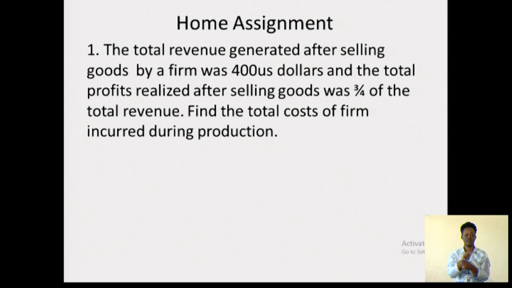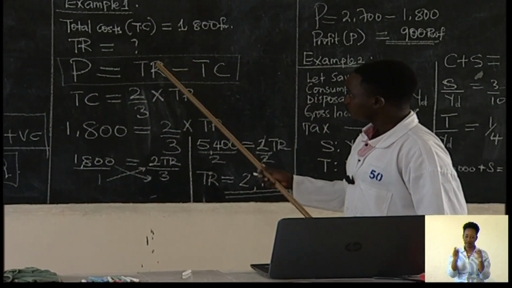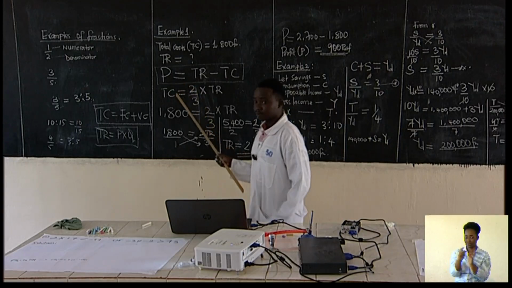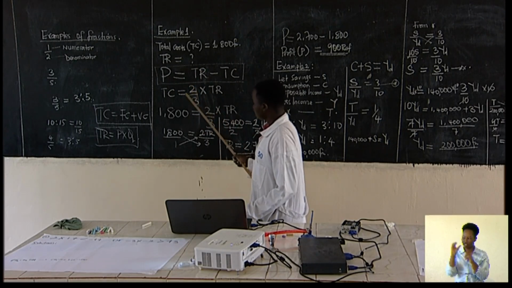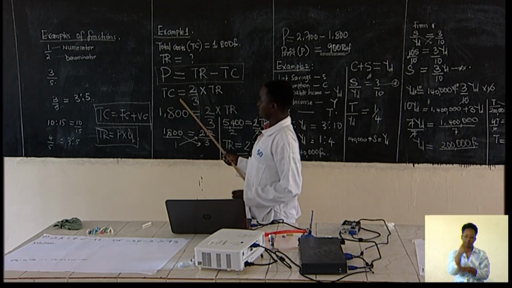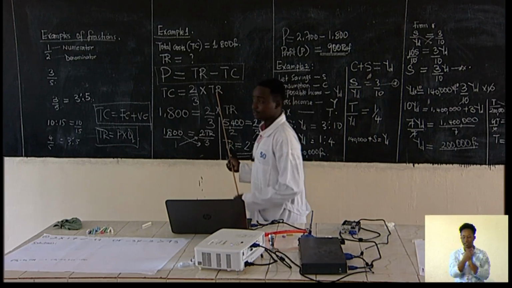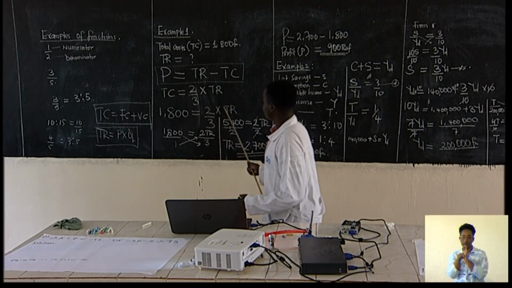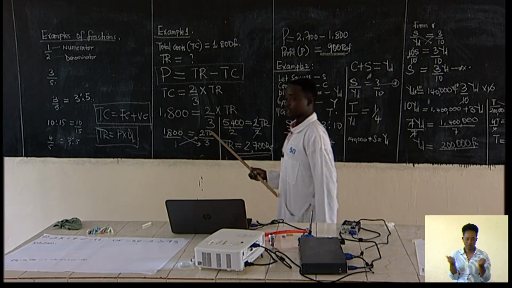So you have to relate your equations very well. The way we did it, you generate this equation because that question is related to example 1. After generating it, find out what you have been given, as we did in example 1, where they had told us that total cost is 2/3 of total revenue. You see how we have done it. Then from there, we substituted into this, and we were able to solve for total revenue.